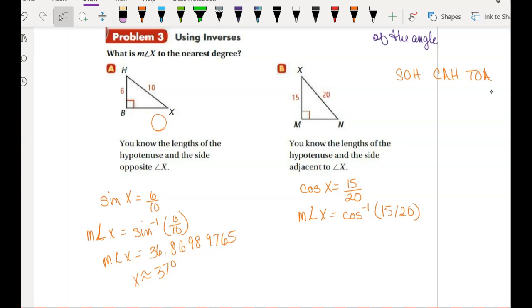And when we plug this into our calculator, remember we're going to hit second, cosine, and then 15 divided by 20, close parentheses, and we get 41.40962211. But it wants it to the nearest degree, so the measure of angle x is 40 degrees. I'm sorry, 41 degrees.